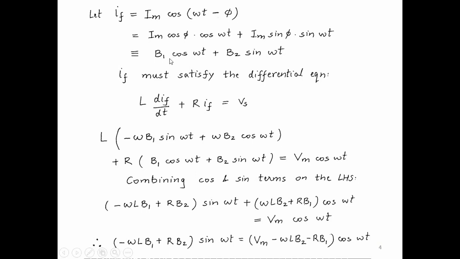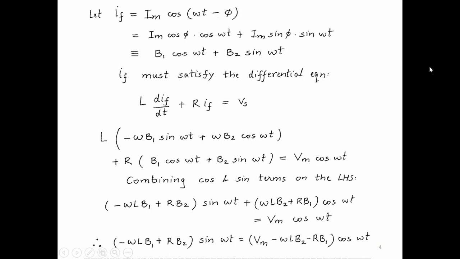So the derivative of I_F is minus omega b1 sin omega t plus omega b2 cos omega t. That is the first term, plus R into I_F. So I_F is b1 cos omega t plus b2 sin omega t, equal to the right hand side, Vm cos omega t.